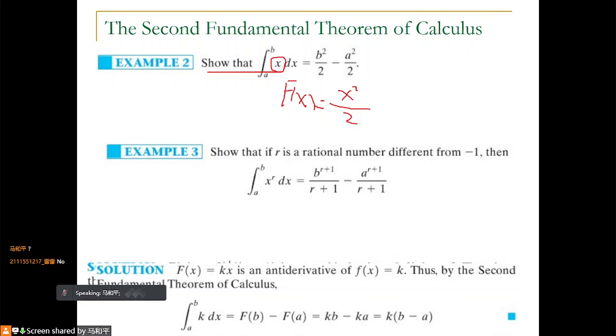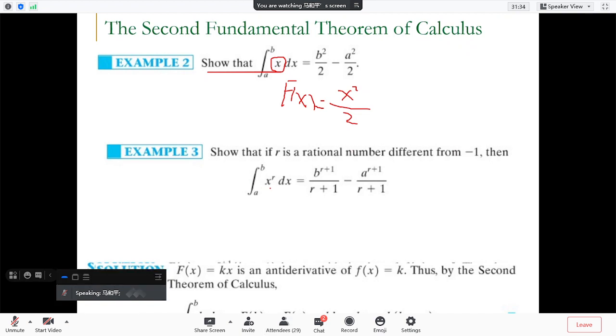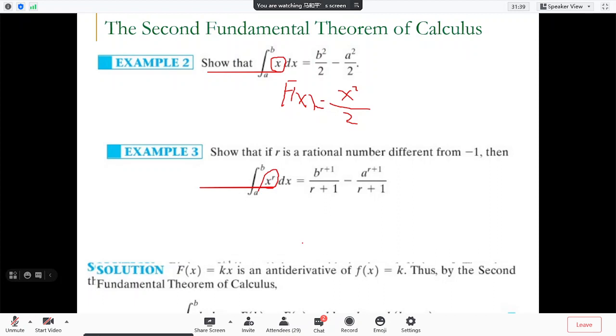Okay, now example 3: show that if r is a rational number different from -1, then we have the integral of x to the power r.